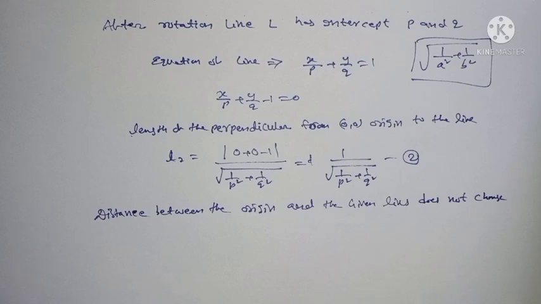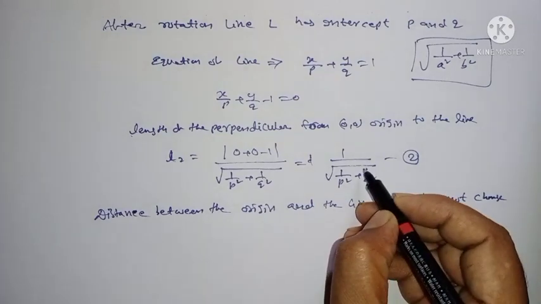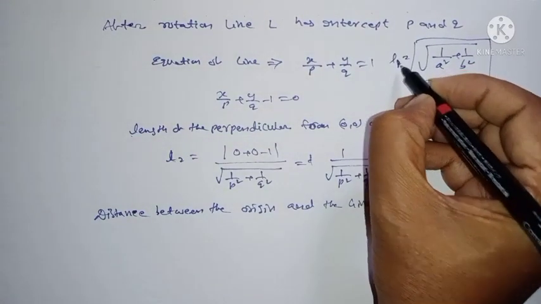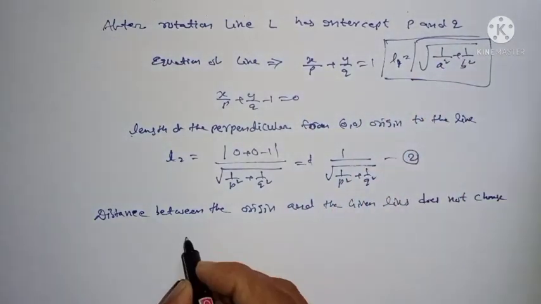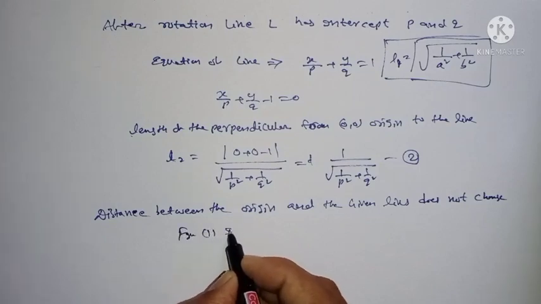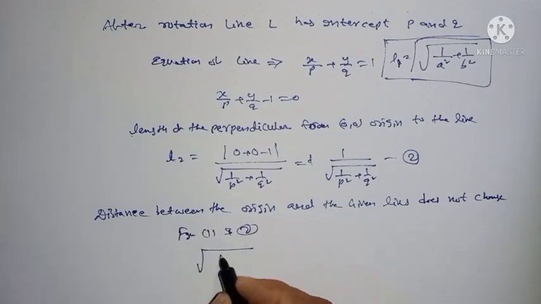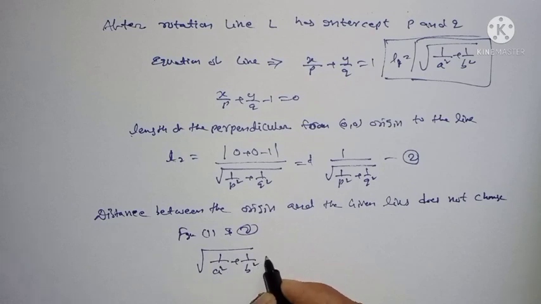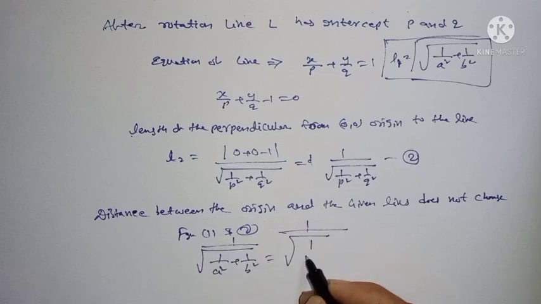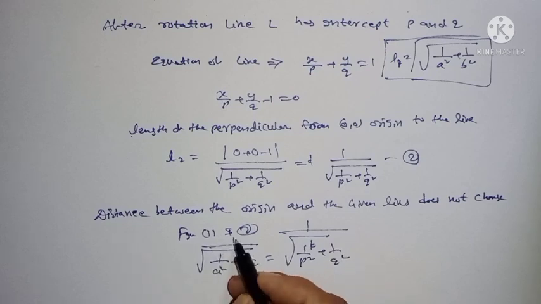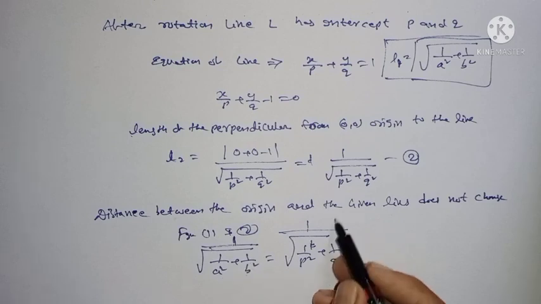Therefore L1 and L2 are both the same, so from 1 and 2, 1 by under root of 1/a square plus 1/b square is equal to 1 by under root of 1/p square plus 1/q square.